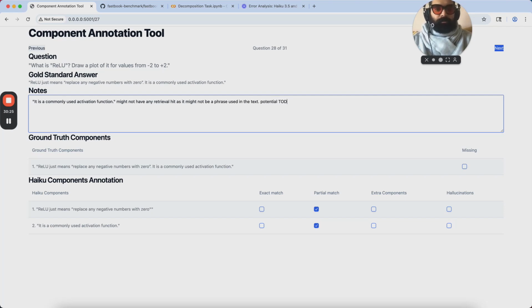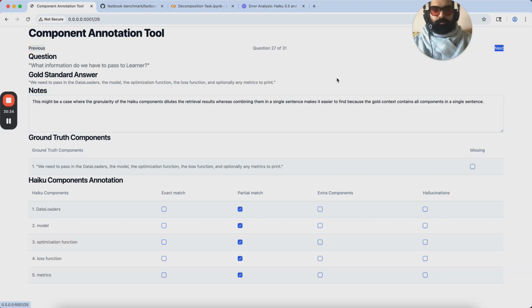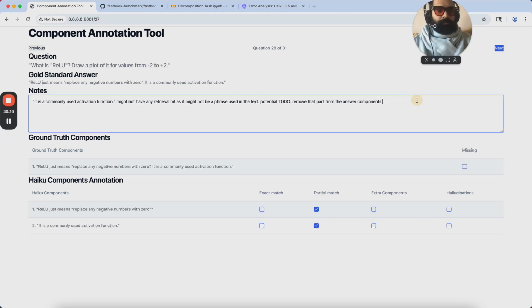Potential to do: remove that part from the answer components. So again, just going to highlight another scenario where Haiku's components are helping me improve the dataset.